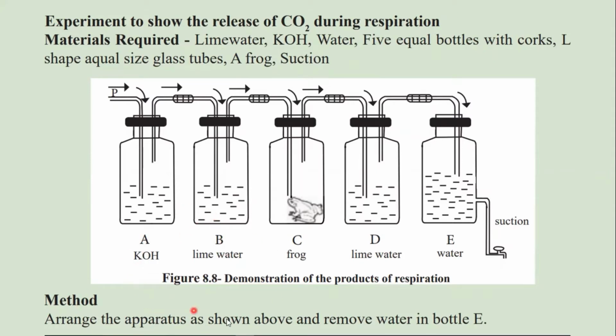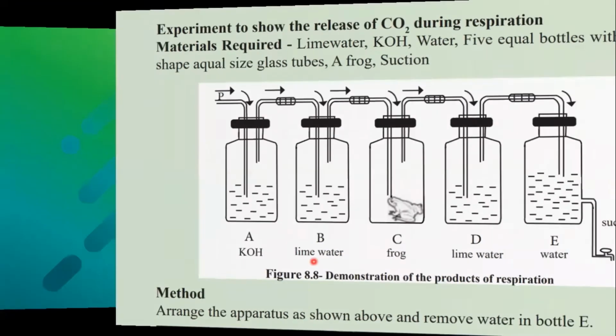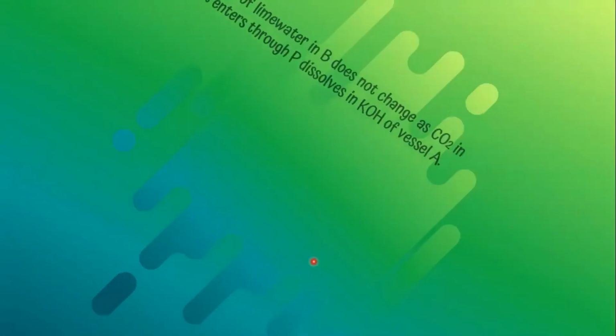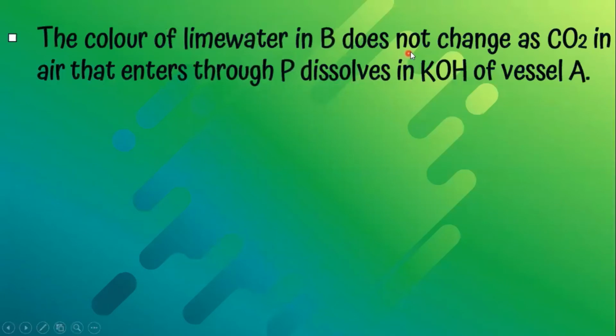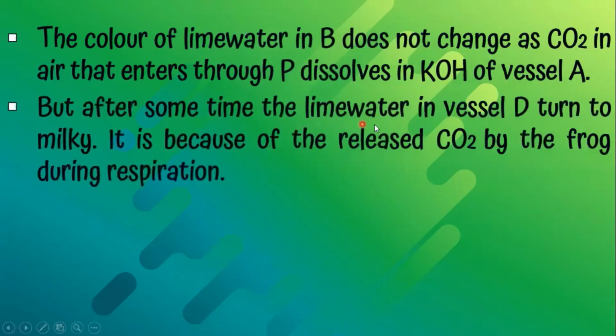You need to arrange the circuit as in this picture, and let's see the observation and conclusion. The color of lime water in B does not change as CO2 in air that enters through B dissolves in KOH of vessel A. But after some time, the lime water in vessel D turned milky because of the CO2 released by the frog during respiration.